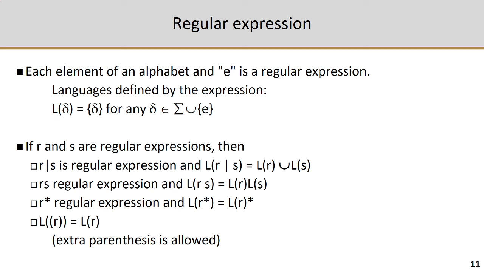Similarly, the union is typically typed as this vertical bar, and the star represents the Kleene closure, and we can apply any number of parentheses. And the concatenation is simply written as two regular expressions one after the other.